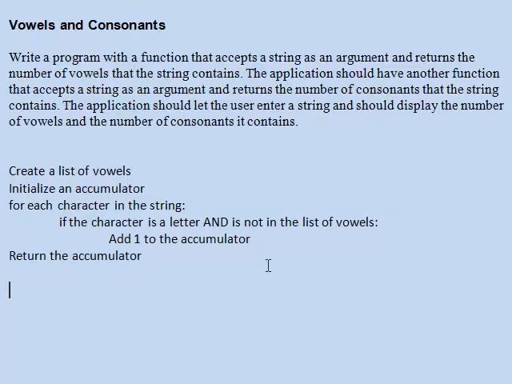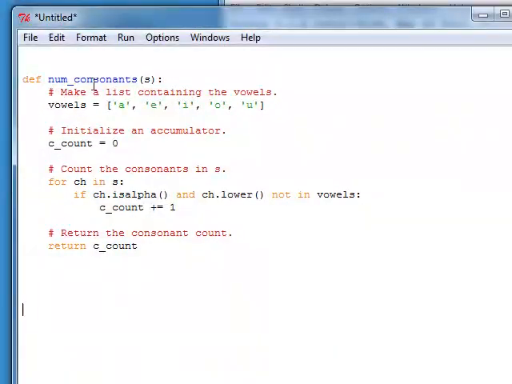Okay, now let's look at the Python code. So here's a function, num consonants, and it has a parameter s. And inside the function we create a list of vowels, and we have an accumulator, ccount, for consonant count. And then here we have a for loop that works like the one in the previous function.